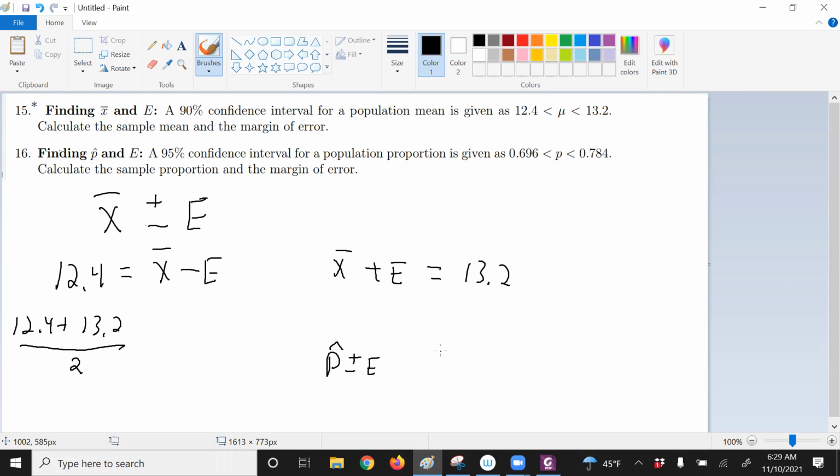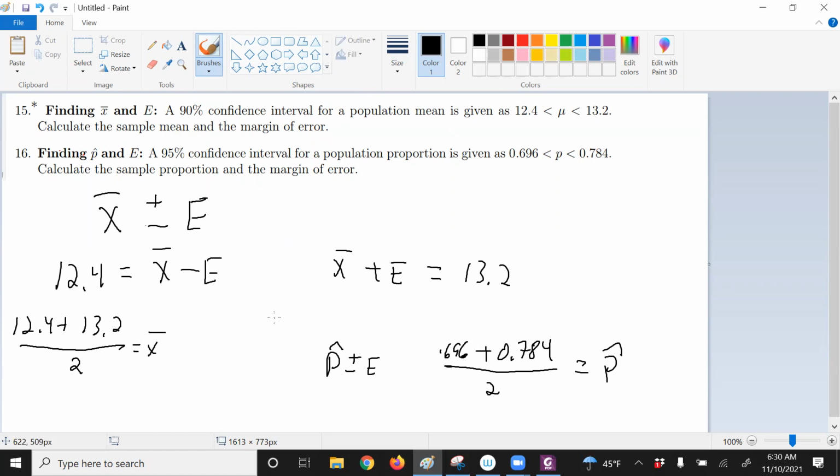We'll do the 0.696, not 0.699, plus that upper bound of 0.784, and then we'll divide it by 2, and that'll tell me p hat. And this is going to tell me x bar, because it's the middle.